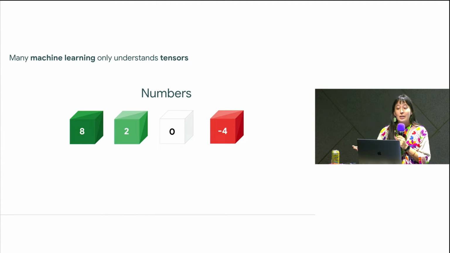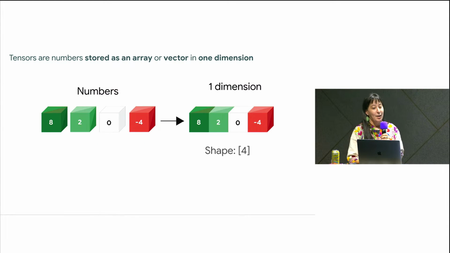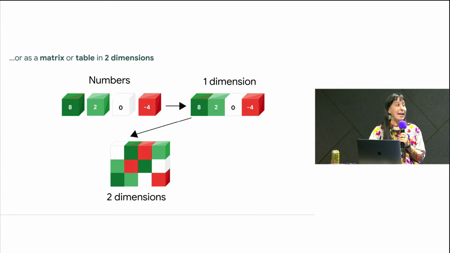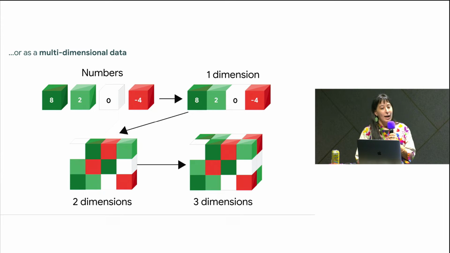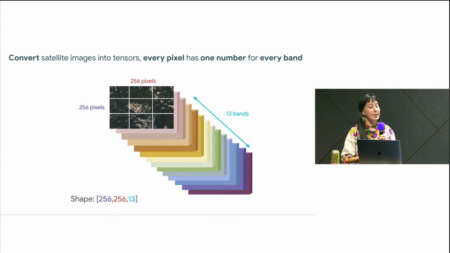Like many machine learning algorithms, it only understands tensors, which are numbers stored as an array or vector in one dimension, or a matrix or table in two dimensions, or as multi-dimensional data, like images, video, etc. With that in mind, we convert satellite images into tensors, where each pixel has one number assigned for every satellite band.